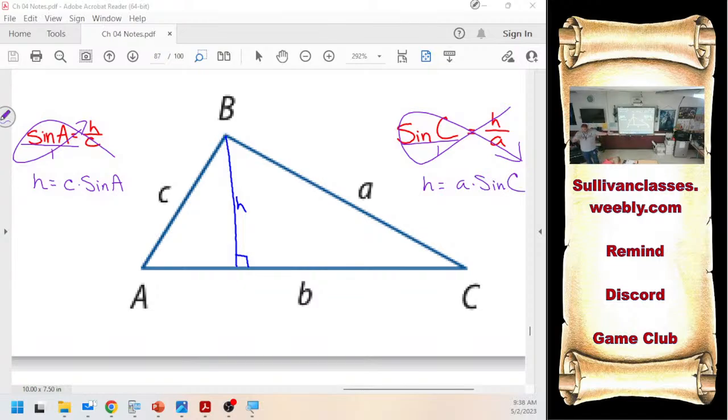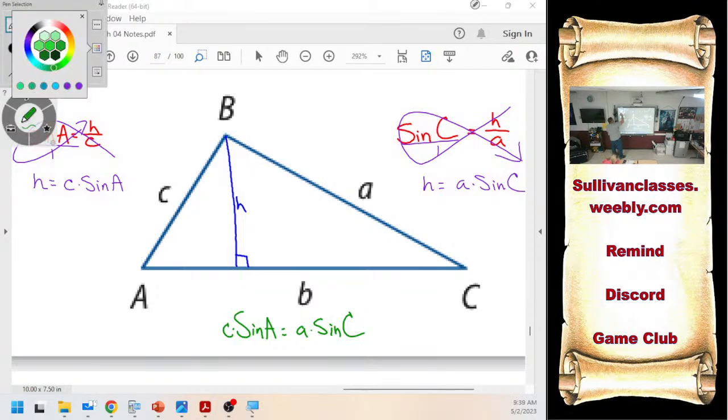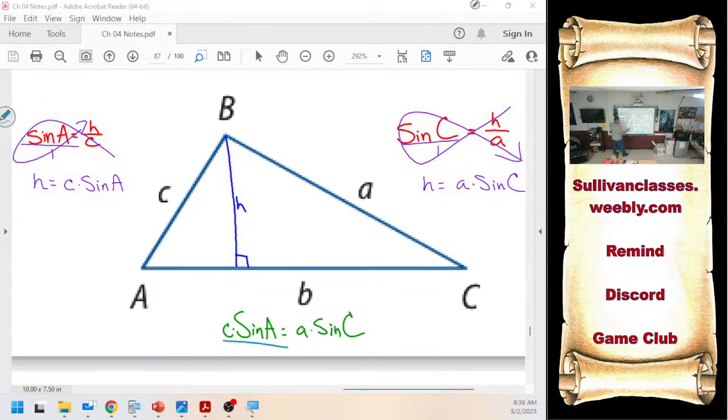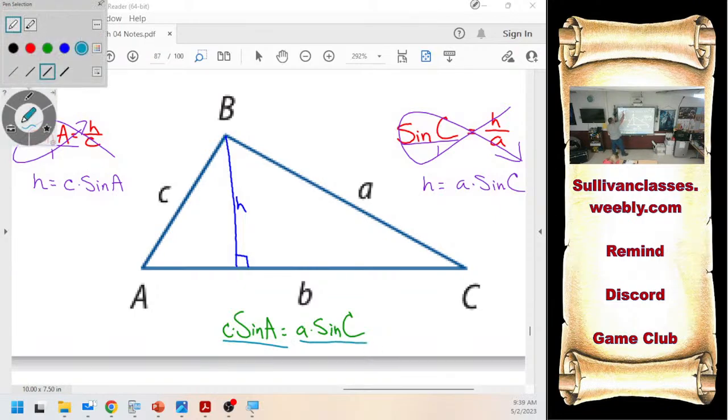So if H is this stuff and H is that stuff, they must be equal to one another. So if C sine of A equals A sine of C, if I divide both sides by C, C's cancel out.